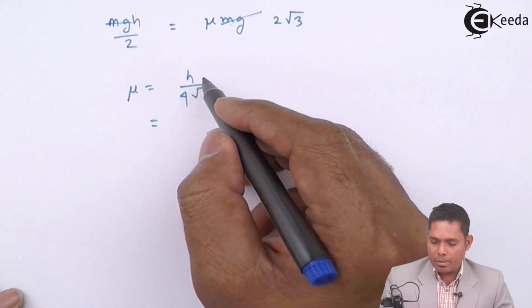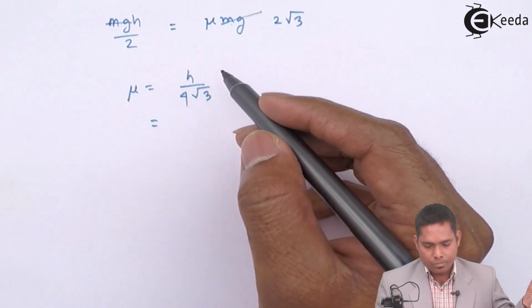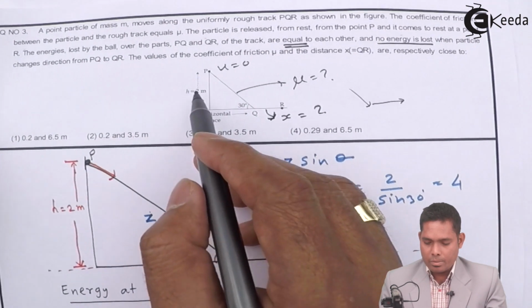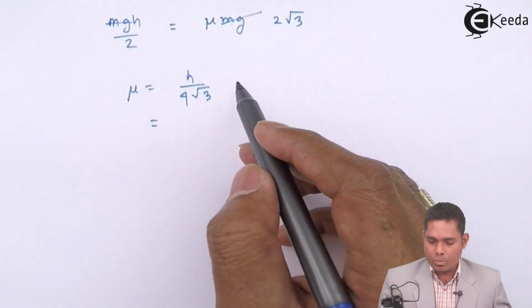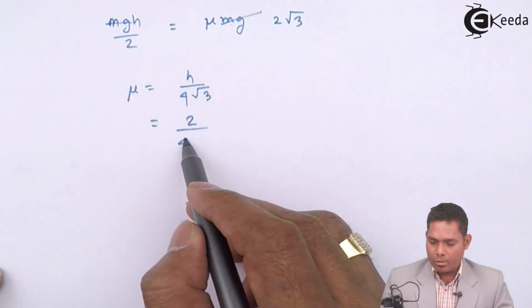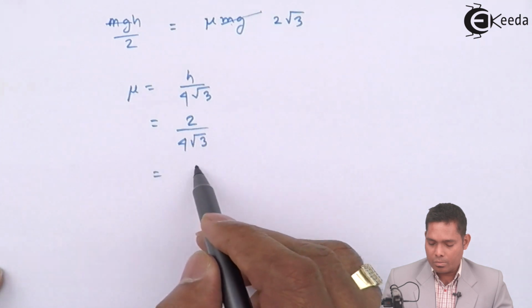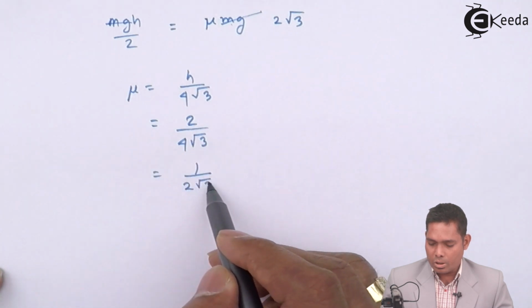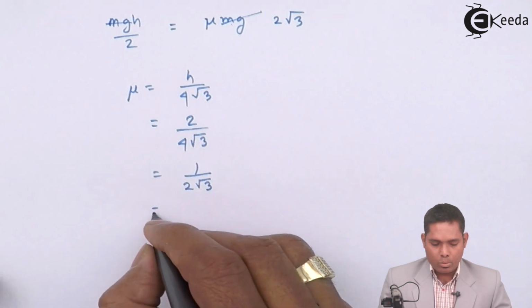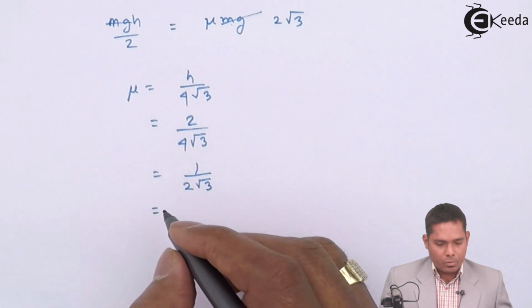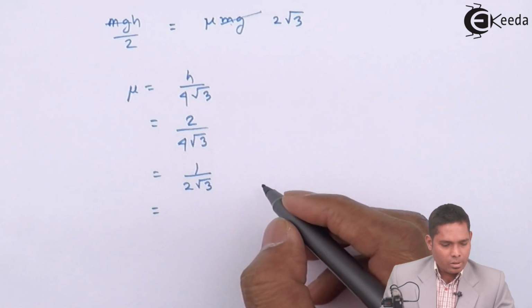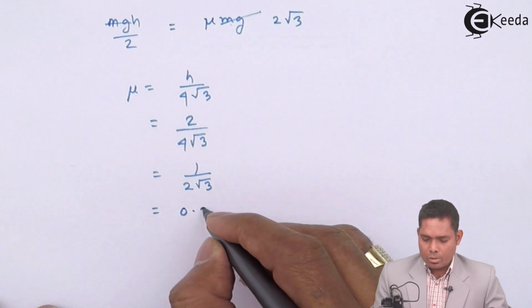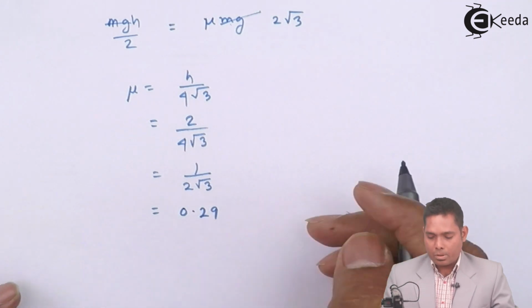But h is given in the question as 2. So I will write 2 divided by 4 root 3, which is 1 by 2 root 3. So this 1 by 2 root 3 is approximately 0.29.